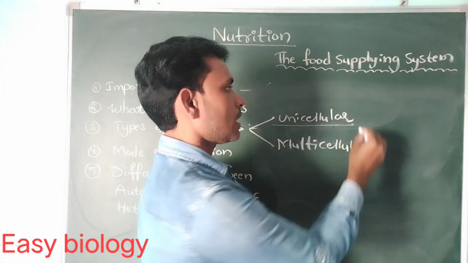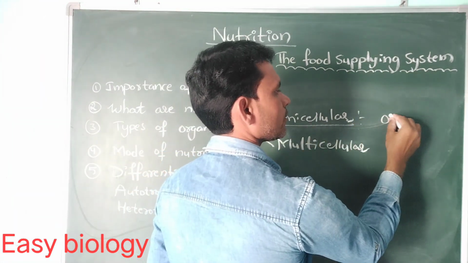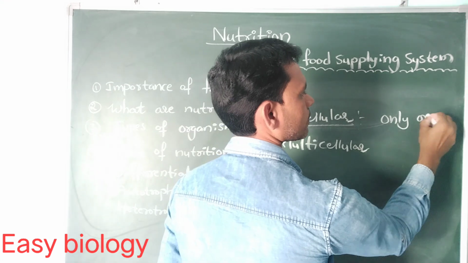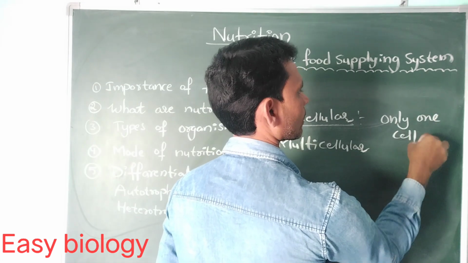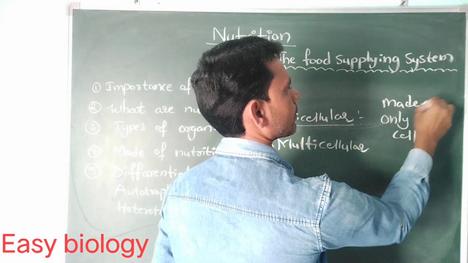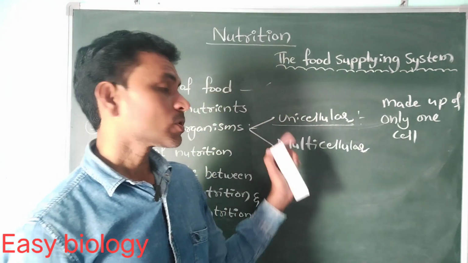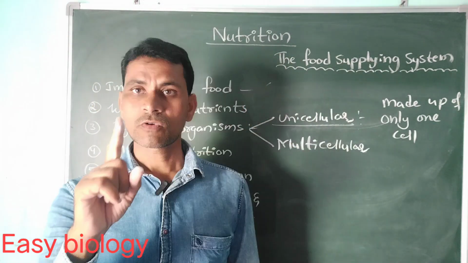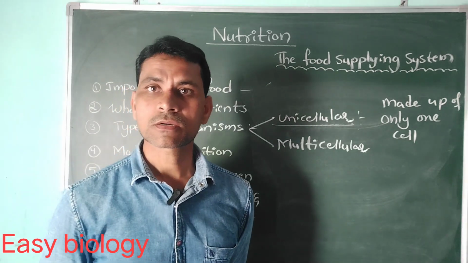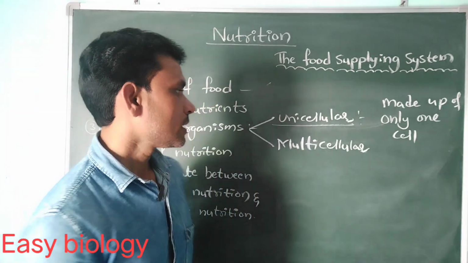Unicellular organisms are organisms made up of only one cell. Did you understand about unicellular organisms, made up of only one cell? Such organisms are called unicellular organisms.